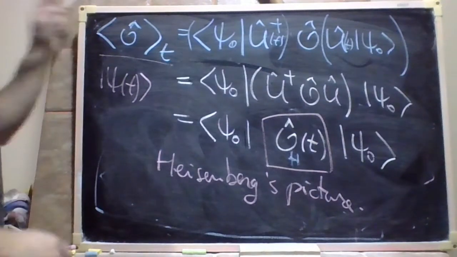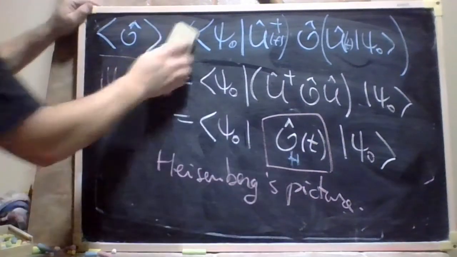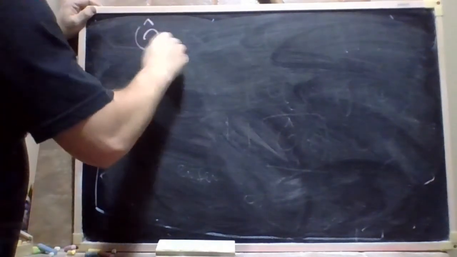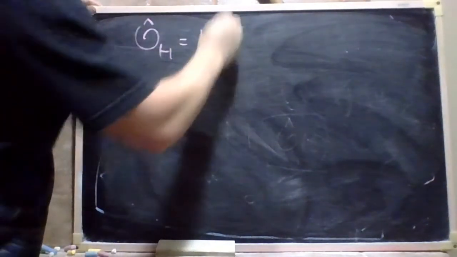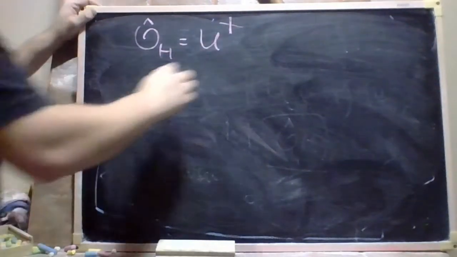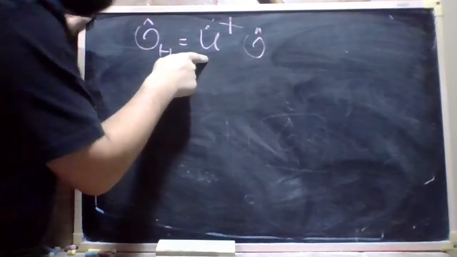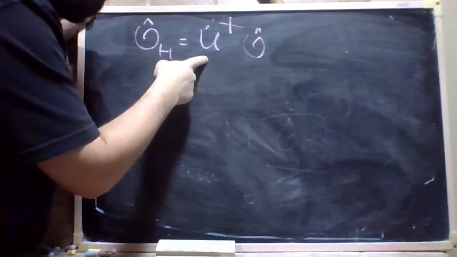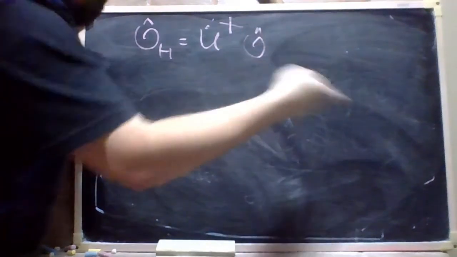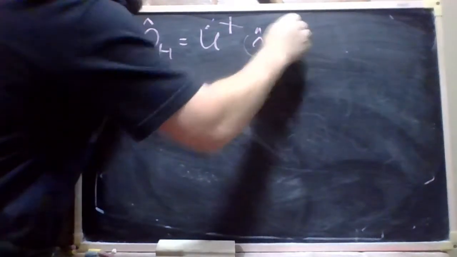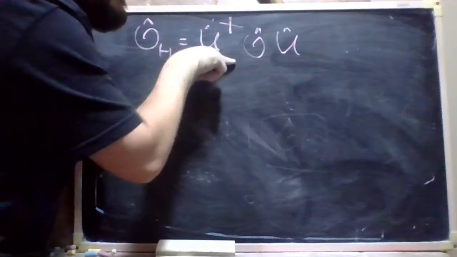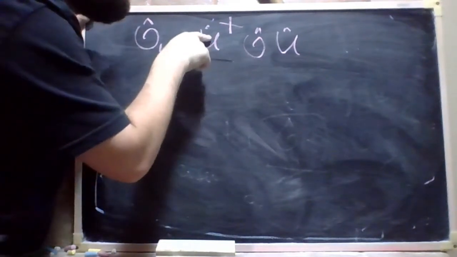All right? So it's a very interesting thing in the Heisenberg version of quantum mechanics that an operator is just evolved in time by applying the inverse evolution operator of the Schrodinger evolution. From the left you apply the U dagger.